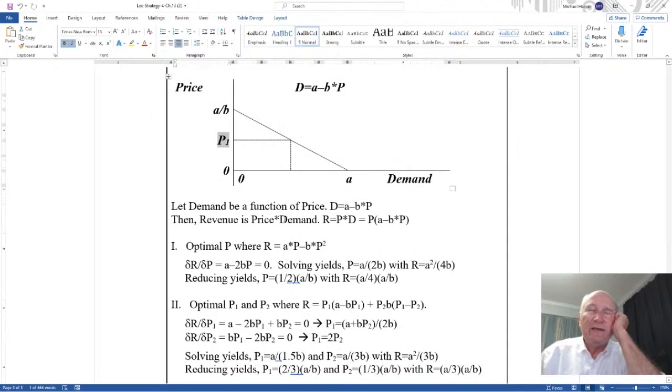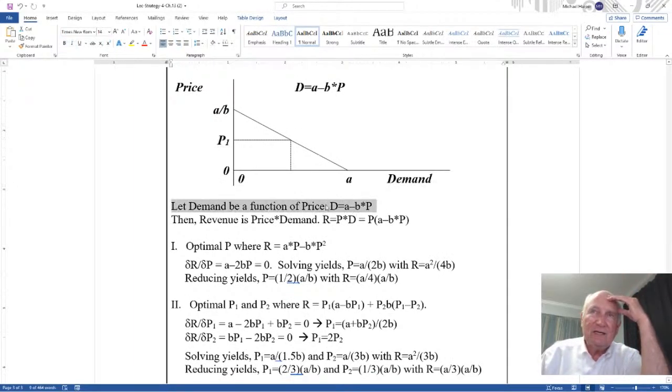So now, just to keep it simple, let the demand be a function of price, just an inverse, A minus B times P. So this point is A over B. And here's A. So A is the demand at which the price is 0.